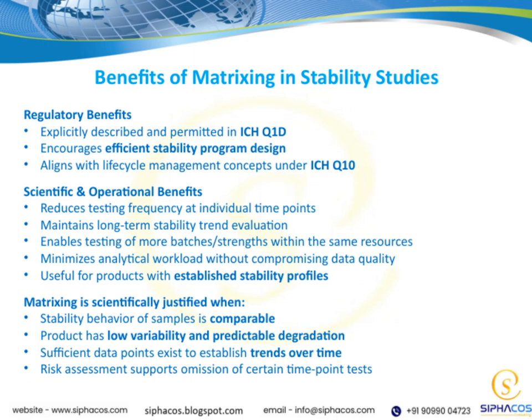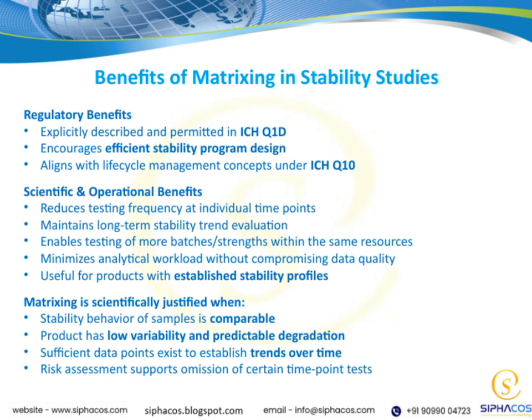Moving on to the scientific and operational benefits, matrixing can significantly reduce testing frequency at individual time points. This means fewer tests without sacrificing the ability to evaluate long-term stability trends, which is crucial for understanding product performance over time.